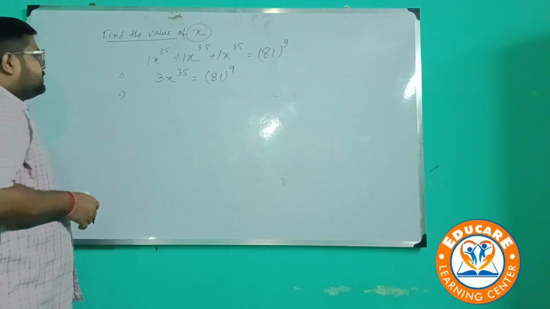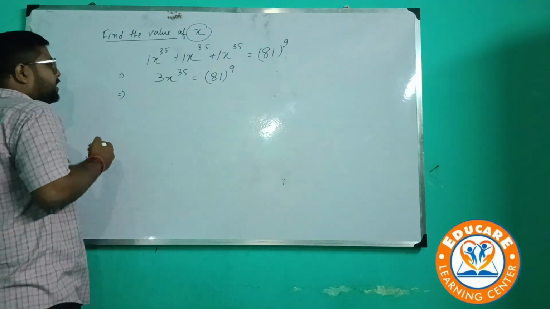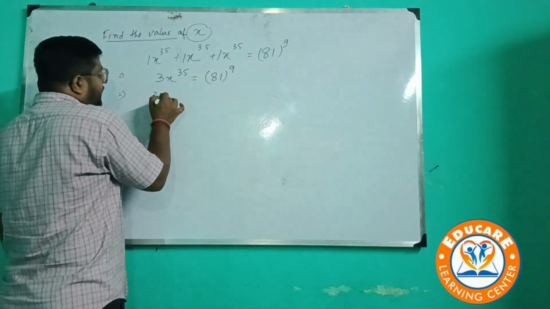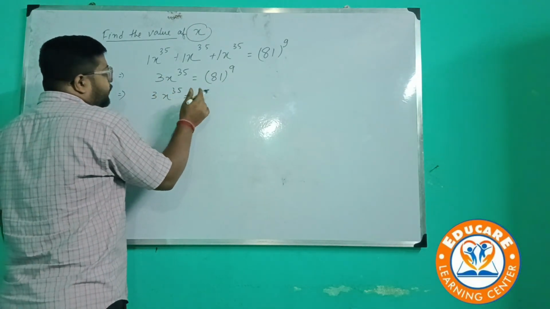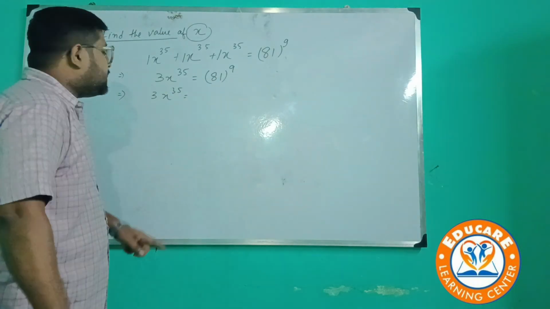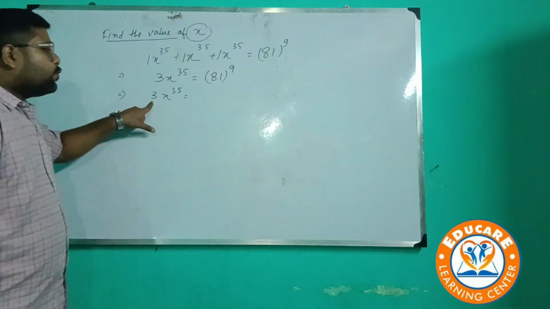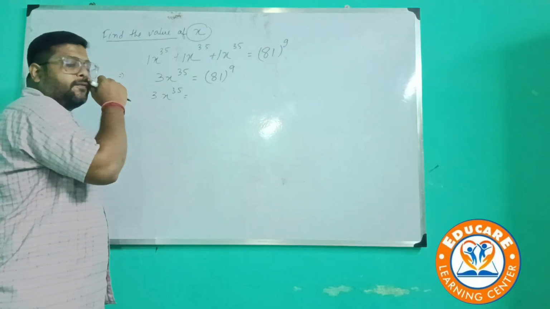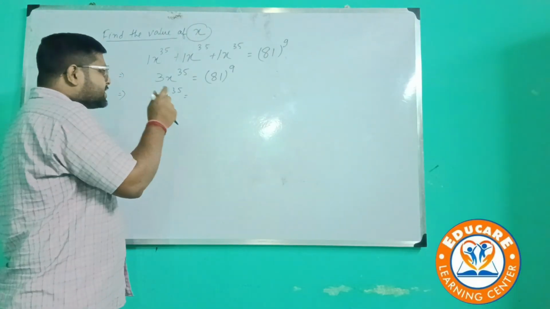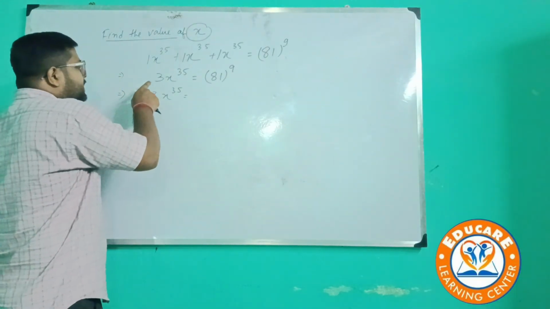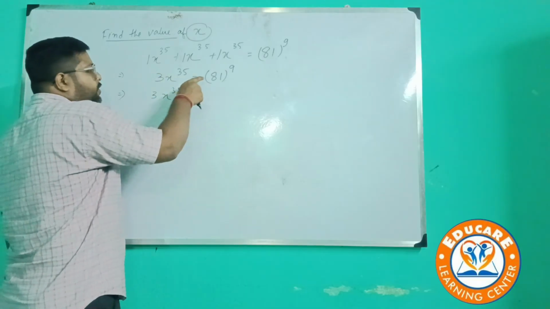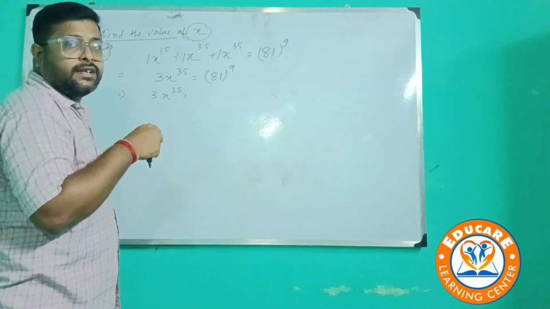Now in the third line, let's write this as it is. And we need to convert 81 into a power of 3. Since we have 3 over here, we need to convert 81 into a power of 3. Please keep this in mind.